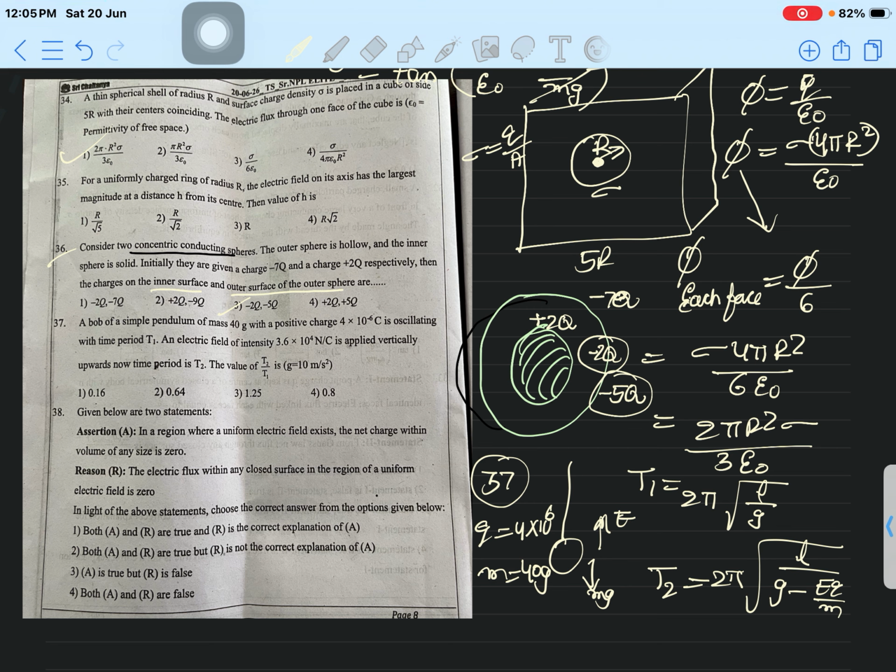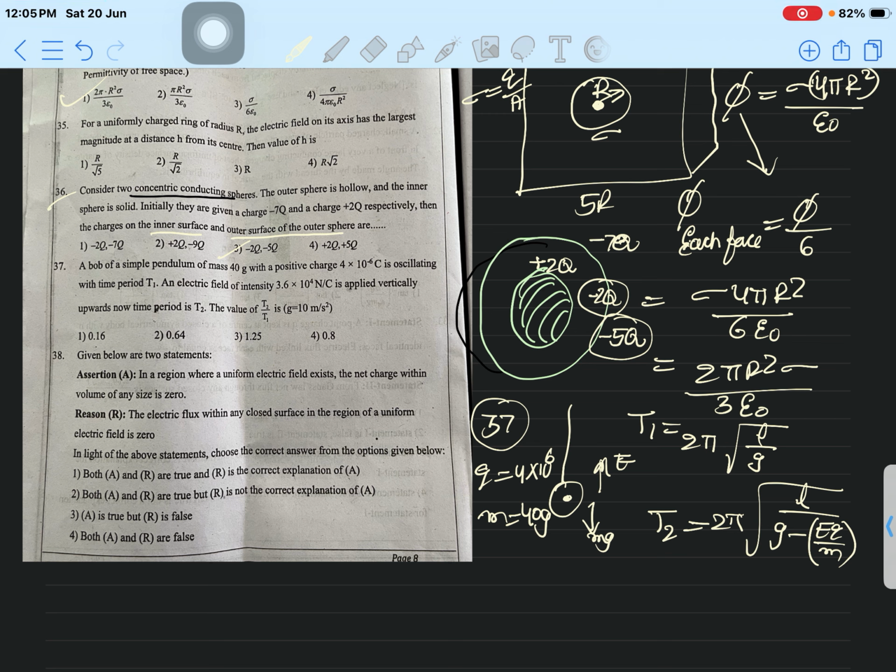Okay, this is the acceleration. We got this formula by calculating net force on the simple pendulum bob, sir. Okay, now they are asking ratio of t2 by t1. What is t2? Everything gets cancelled, only remaining thing is root of g minus eq by m. So t2 by t1 will be root g by g minus eq by m.